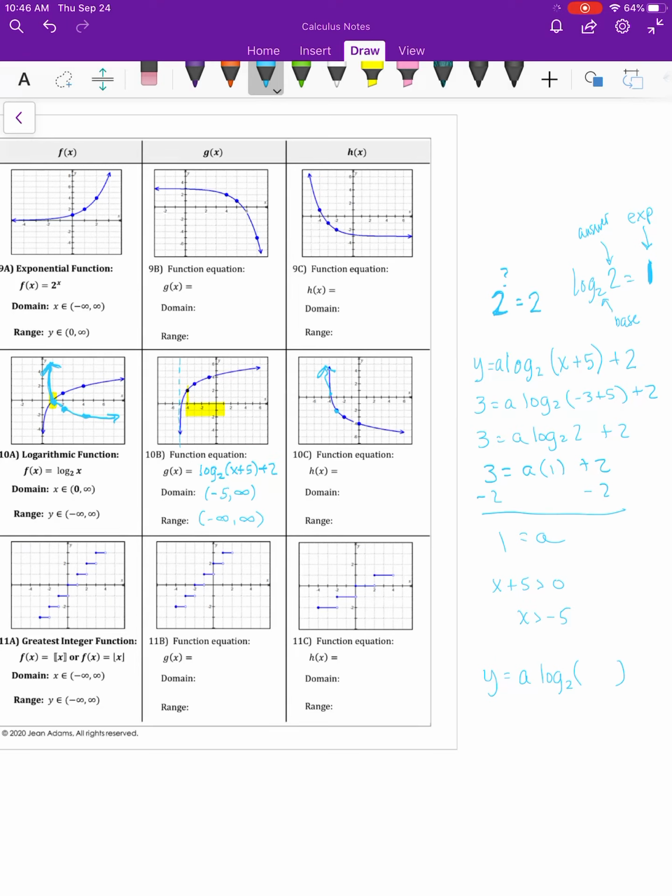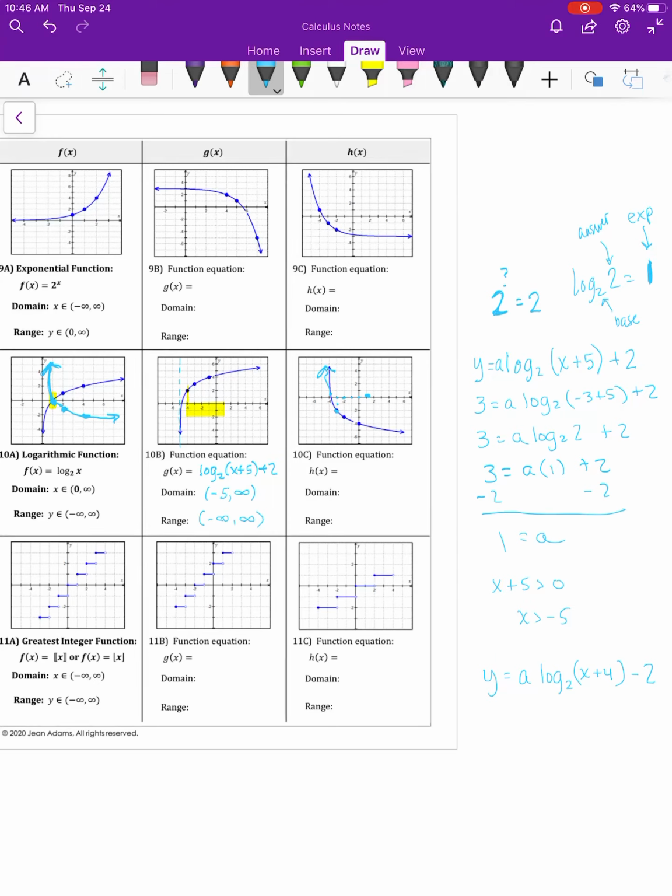It's going from being at 1, 0, 1, 2, 3, 4 to the left and 2 down. So 4 left and 2 down gives you an x minus a minus 4, and then 2 down is minus 2.